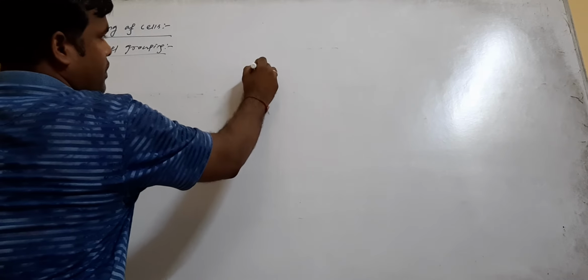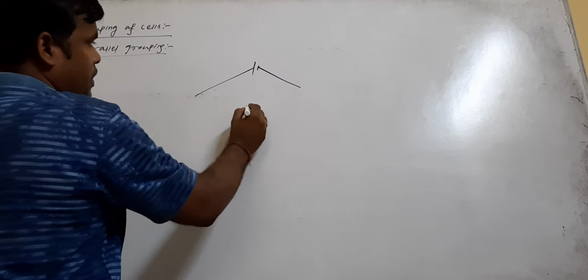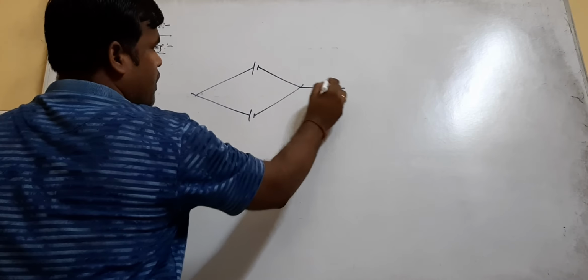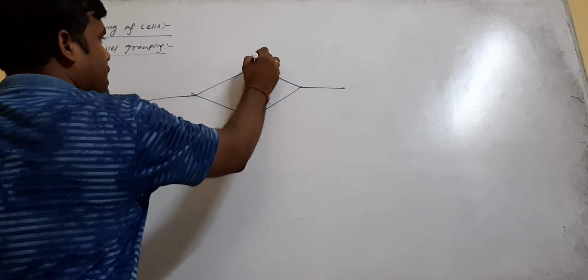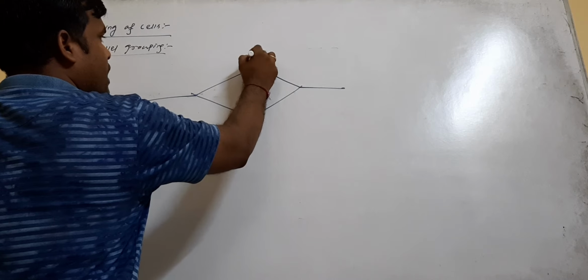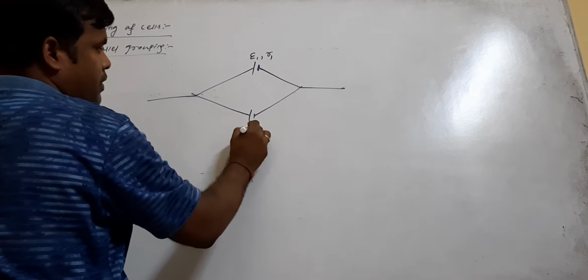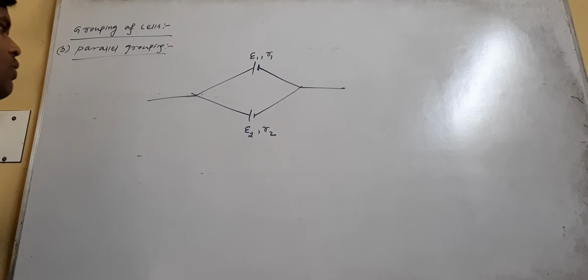Here it is the first cell, EMF E1, internal resistance R1. Here EMF E2, internal resistance R2.